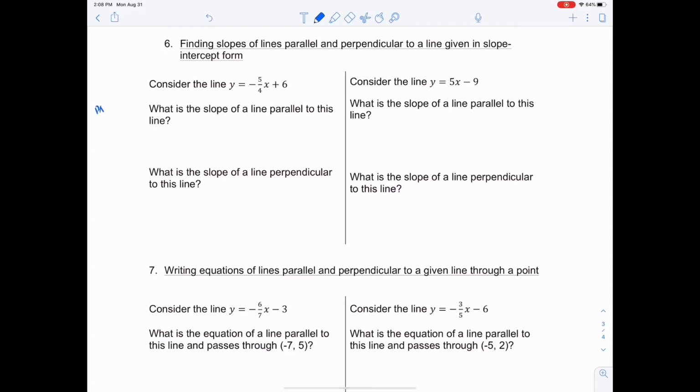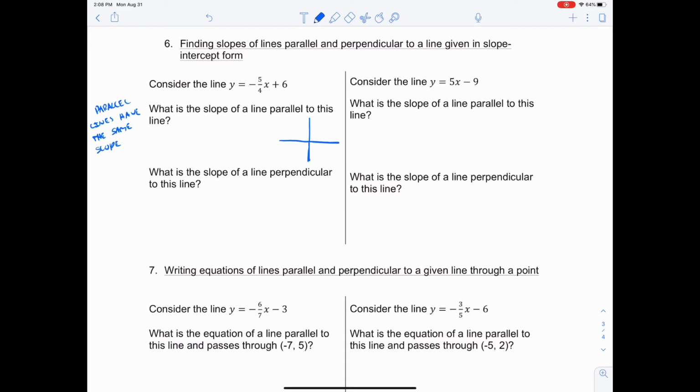Know that parallel lines have the same slope. What I mean by that is if we were to draw and say that this isn't going to be to scale or anything, but say we were to draw this slope, it starts at 6, right?